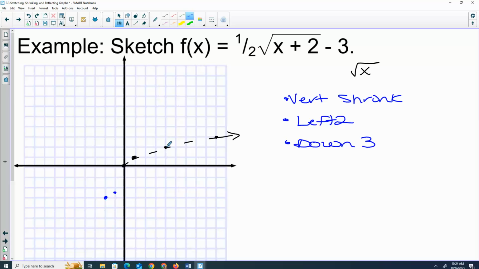Okay, here my y value is 2. When I take it times a half, we get 1, left 2, down 3. If I wanted to, here my y value is 3, times a half would be 1.5. Left 2, down 3.